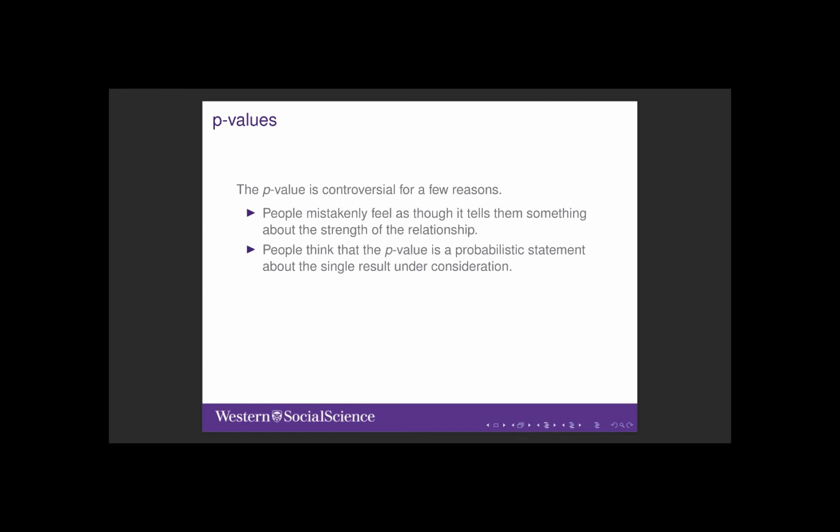They do not. P-values identify the probability in repeated sampling from the population that I would find something that is at least as extreme as what I have found if the null hypothesis is actually true. Notice that the probabilistic statement is really about what happens in repeated sampling. It is not a probability statement about our particular result.